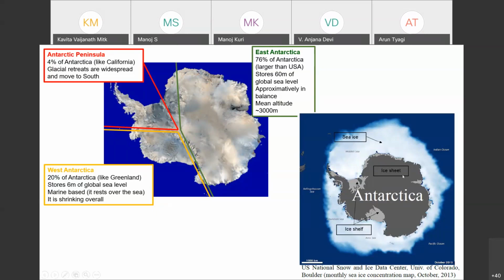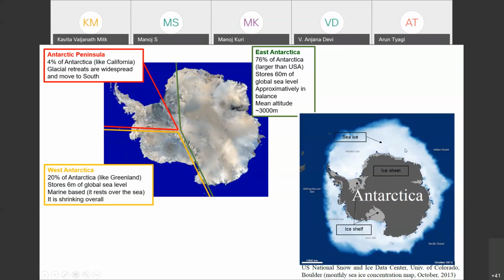So as I said earlier, you can see in this right-hand diagram that Antarctic is a landmass, and it is surrounded by the sea ice and the ice shelves and the ice sheets. All right. So basically, I'll tell you one important thing here: this sea ice portion in the white color you can see, right?